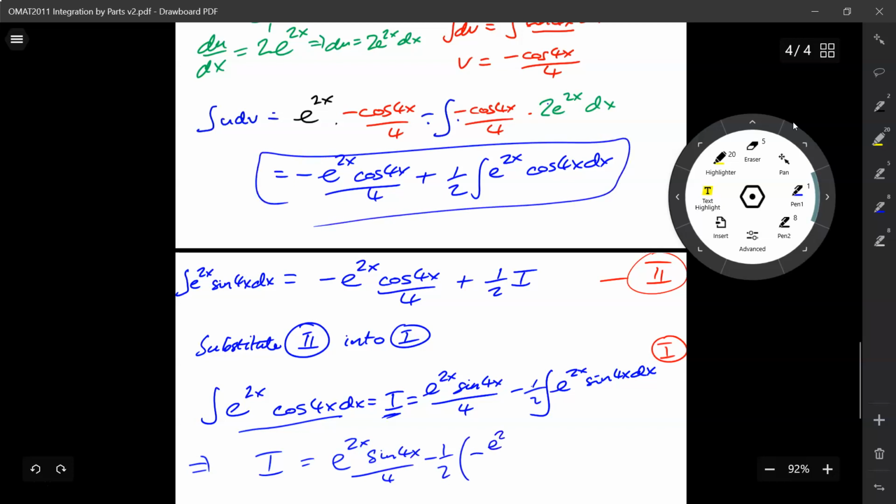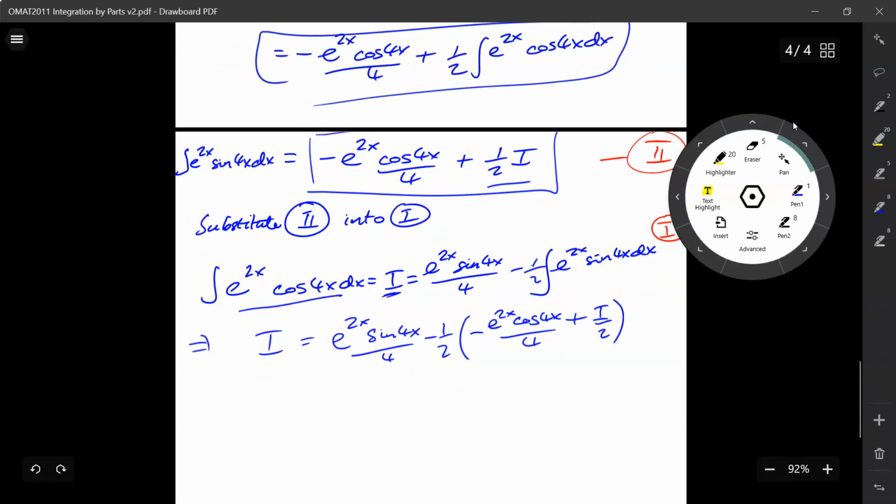So it's minus exponential 2x times cosine 4x over 4 plus a half times I, so plus I over 2.